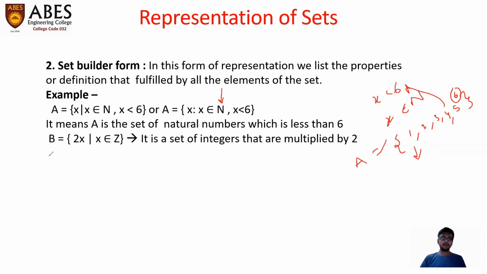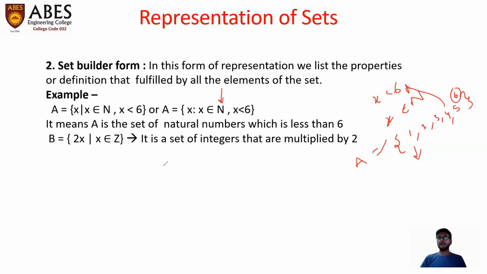Another example is set B, in which the elements are of the form 2x, where x belongs to the integers. It means a set of integers that are multiplied by 2.